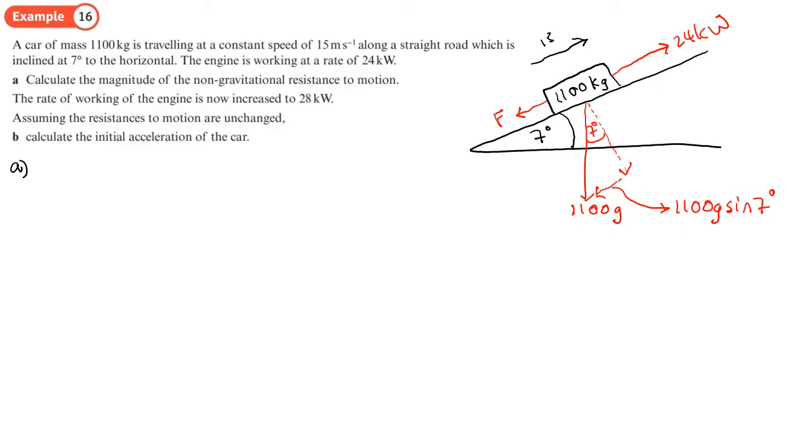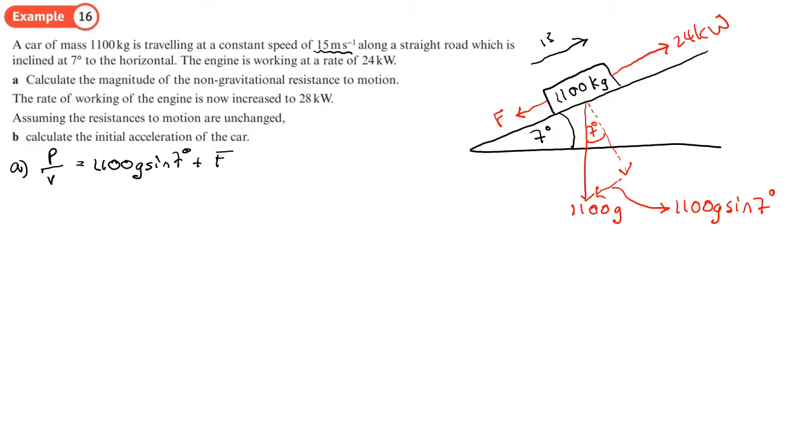That means that the pulling force, which is P over V, the power over the velocity, which is 15, equals the gravitational force, which is the 1100 g sine 7, and the frictional force of F.